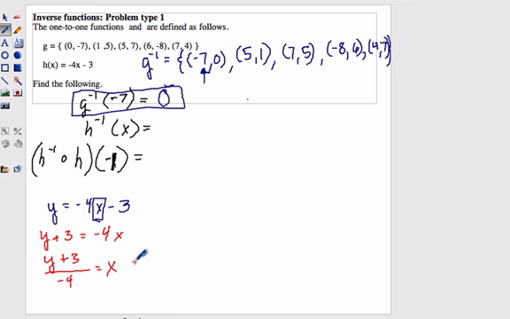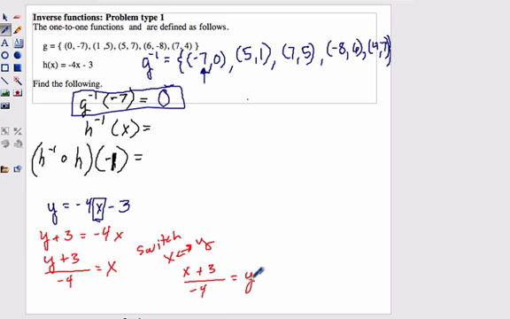Now you're going to switch your x with your y. So this will become x plus 3 over negative 4 equals y. I'm also going to switch sides, so I have the y on this side and the x plus 3 over negative 4 on the other side.